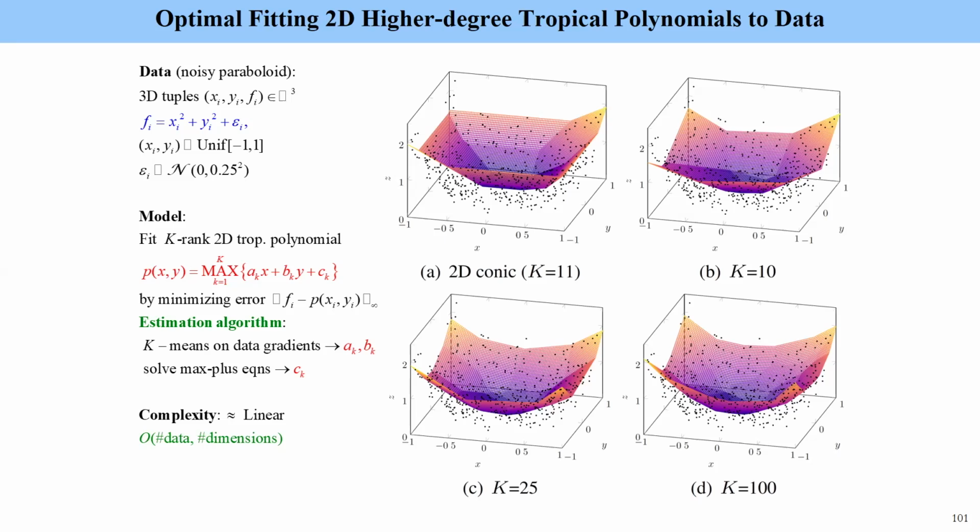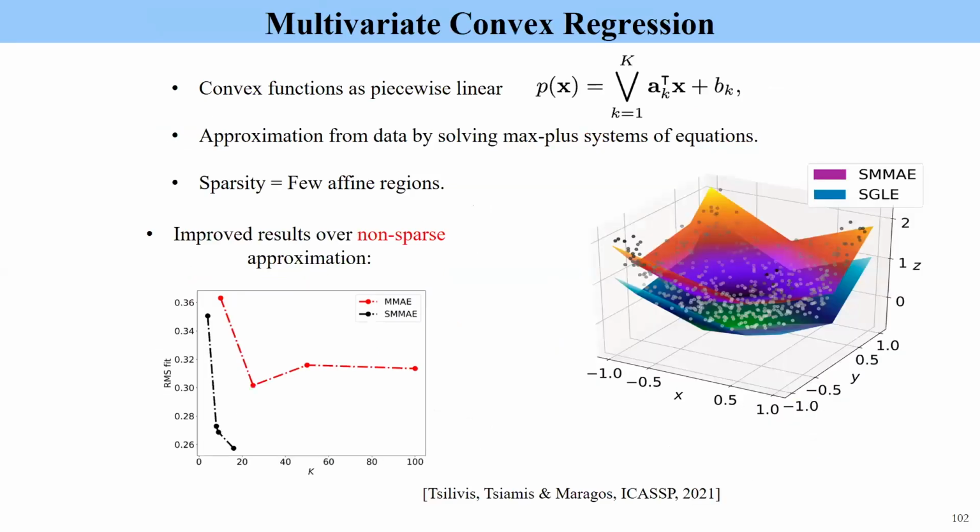Here is some noisy paraboloid regressed using either a two-dimensional conic with 11 affine terms, or using the k-means 10, 25, 100. We found that a small number in the order of 20 or 30 in many dimensions is usually enough, but this is a heuristic.